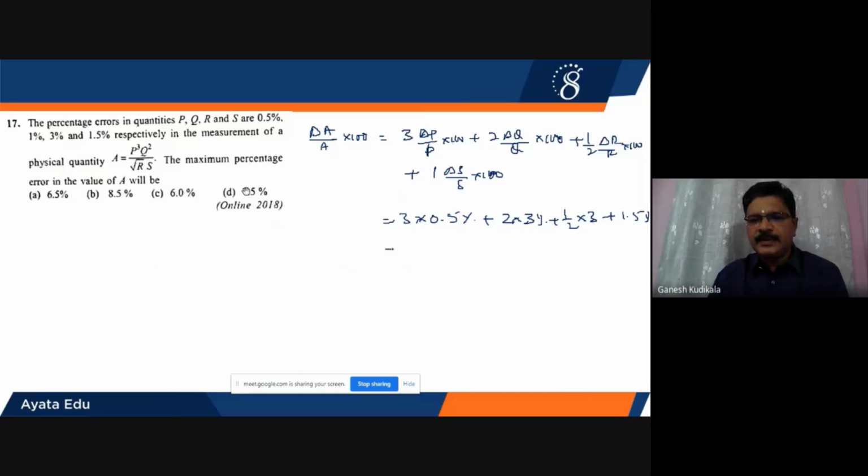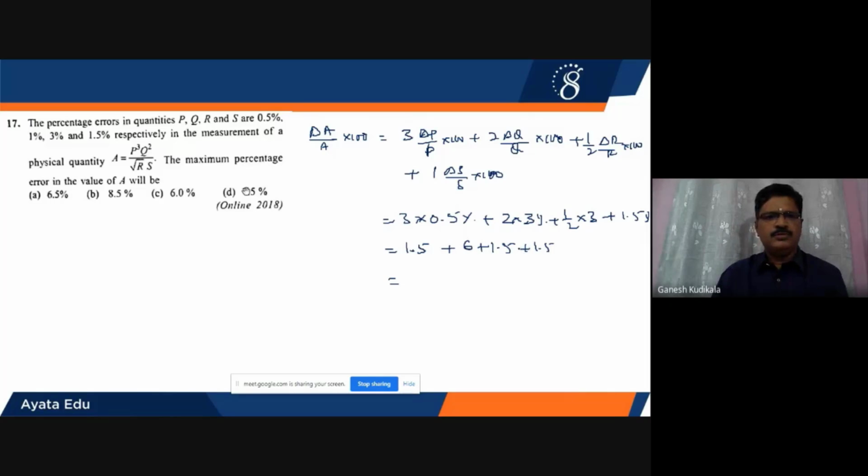On adding, 3 into 0.5 will become 1.5, and 2 into 3 will become 6, and this is 1.5 once again, plus 1.5. So 1.5 plus 4.5 plus 6 is equal to how much now? 10.5.